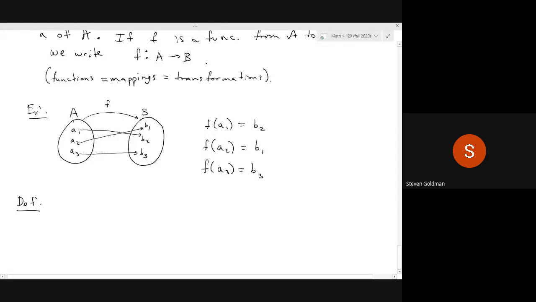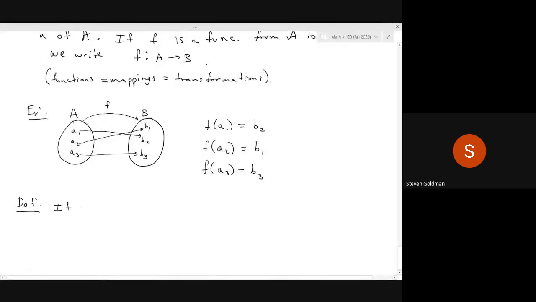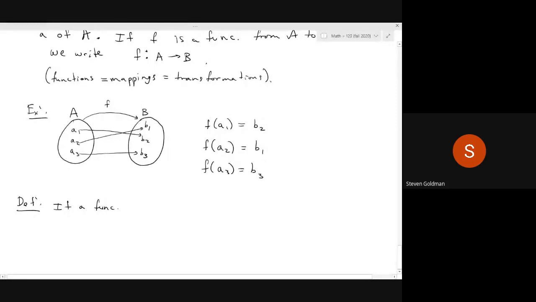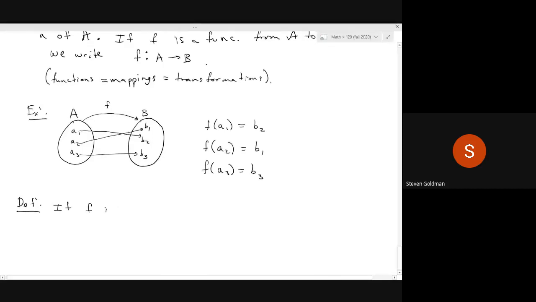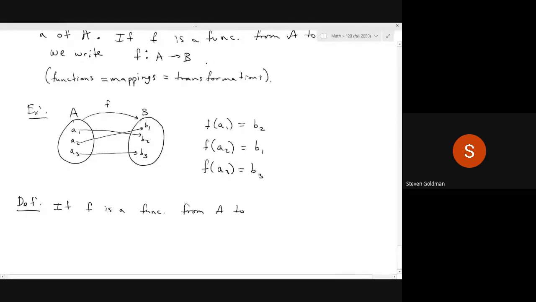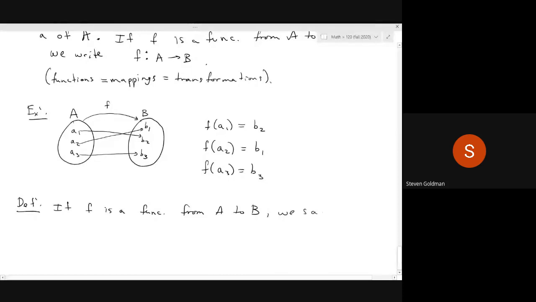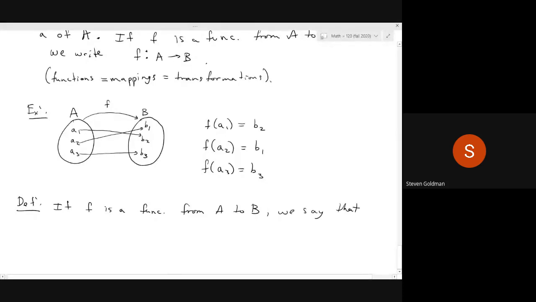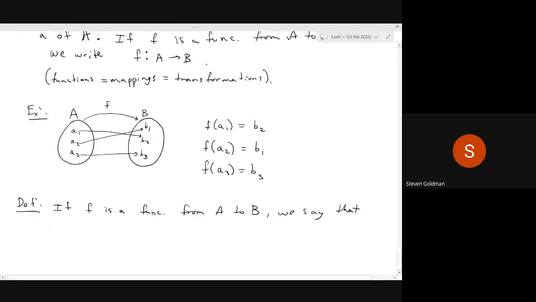So if f is a function from A to B, we say that A is the domain of f.